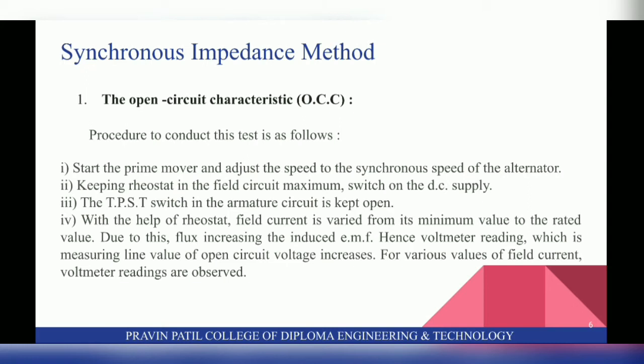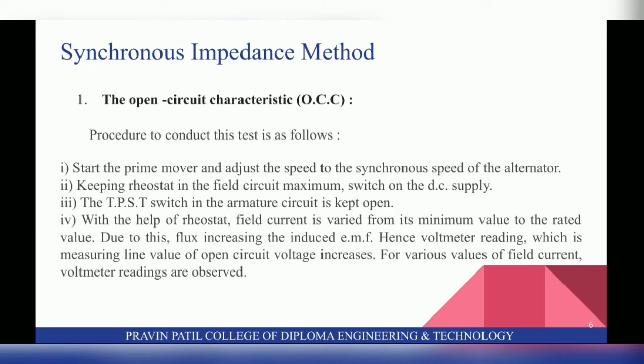With the help of rheostat, field current is varied from its minimum value to the rated value. Due to this, flux increases, increasing the induced EMF. Hence, voltmeter reading, which is measuring line value of open circuit voltage, increases. For various values of field current, voltmeter readings are observed.